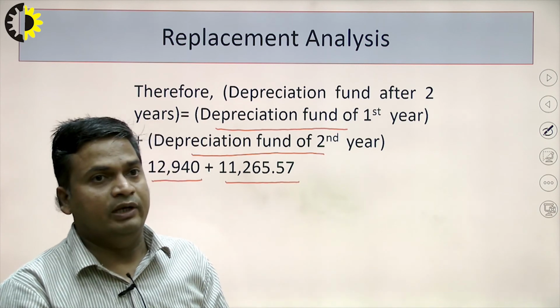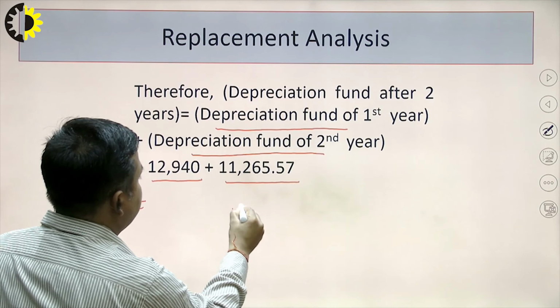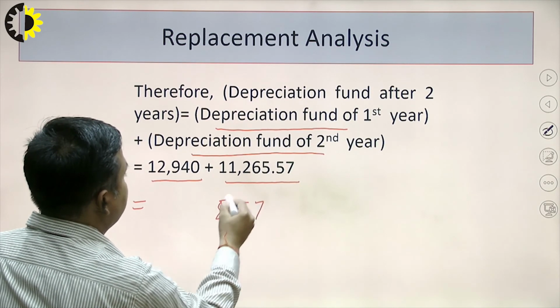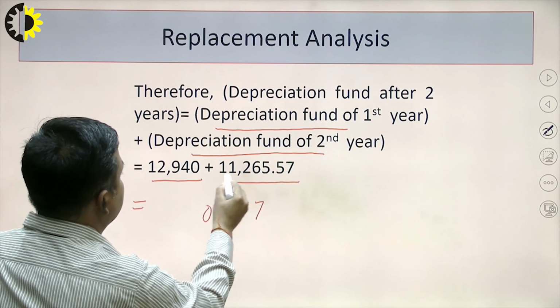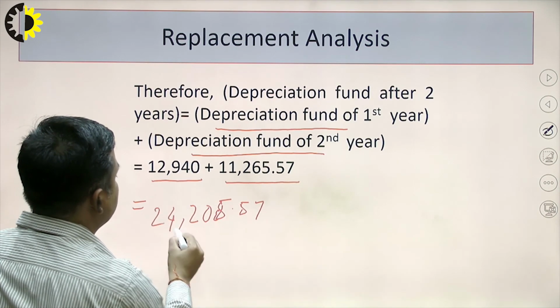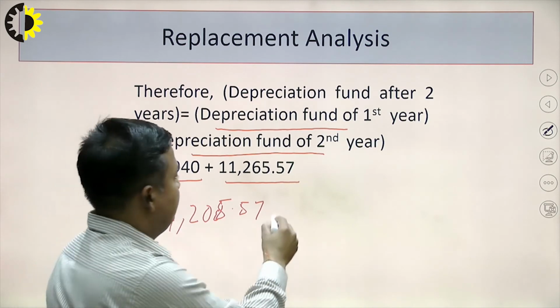So, this is the total value, and it equals 24,205.57 rupees.